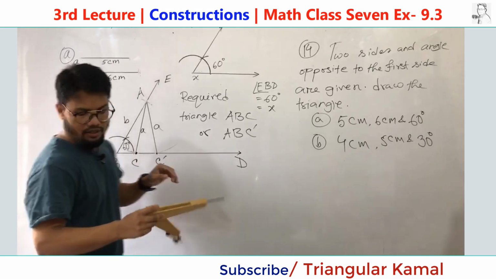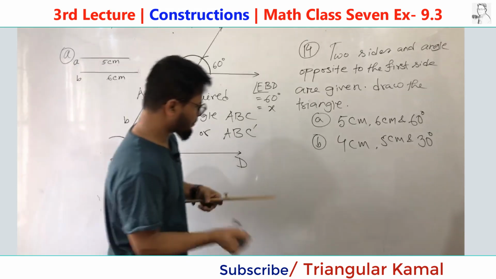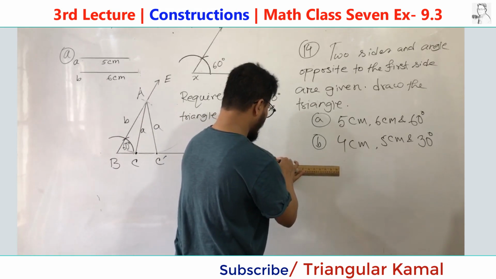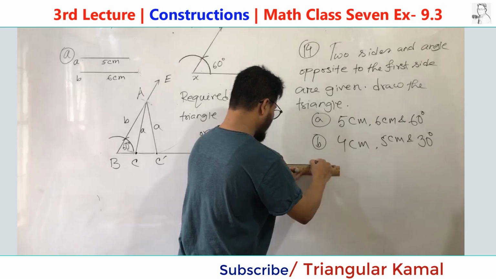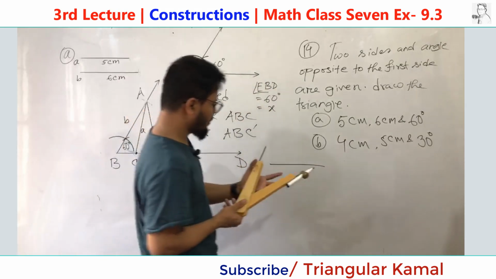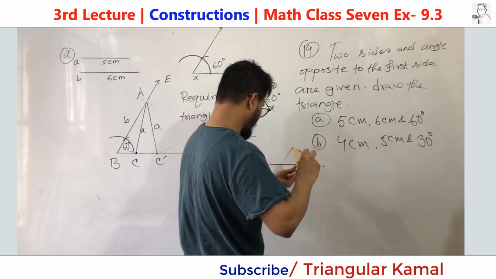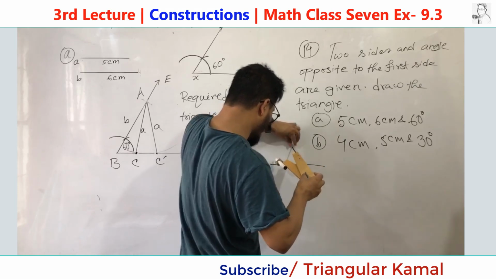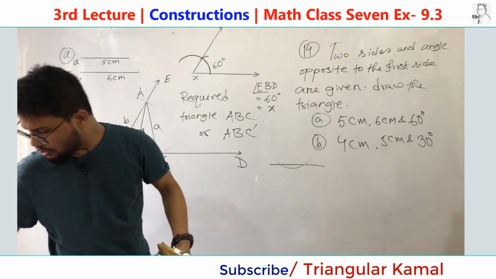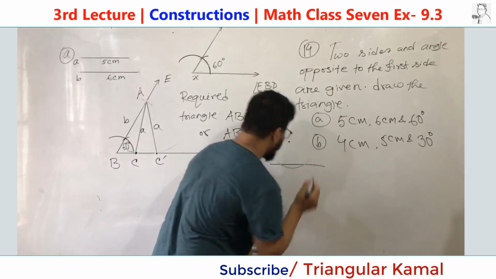Just like this one, in a straight line here, if you see a straight line, this is the line segment. If you draw an arc, just like this, we have drawn 2 arcs.